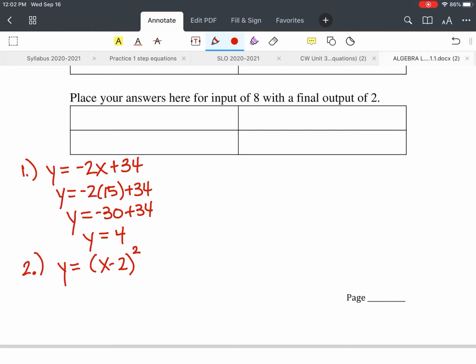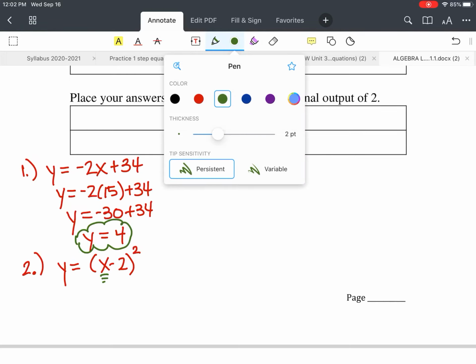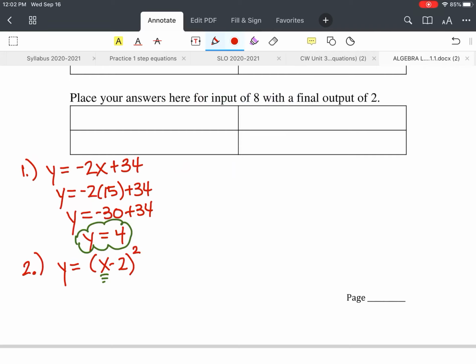Now remember, I'm going to change my color here for a hot second. We're going to use this positive 4 as our new input. So we're going to put it in for x. So I'm going to change back to red just to stay consistent. So we're going to say y equals 4 minus 2 and square it. Now remember, when you do this, you have to do parentheses first.